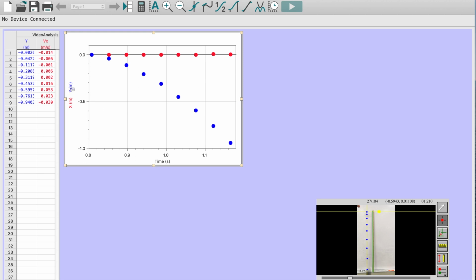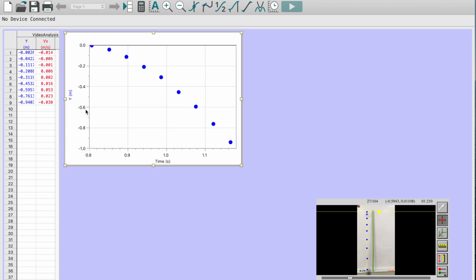So I'm going to click over here on top of that Y or the X, and Logger Pro is going to ask me, what is it that you really want to see, which is just the Y. So you can see that I get a curved line here, which I expect because I'm getting faster and faster and faster. So because it's a curved line, I don't want to use the linear fit. I'm going to come over and get a curve fit.